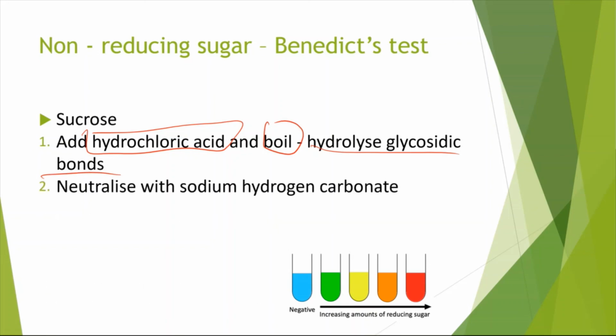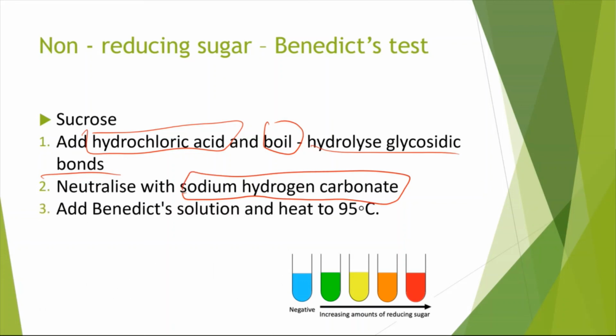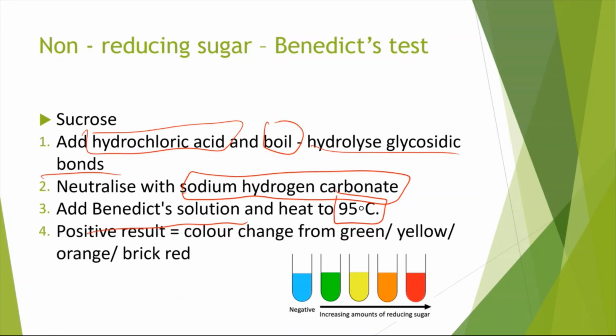Then you neutralize the hydrochloric acid with sodium hydrogen carbonate, and then you do what you would do in a reducing sugar test. You add Benedict's solution and heat to 95 degrees. Again, not boiling it, just heating it. A positive result again goes from green, yellow, orange, to brick red. The more non-reducing sugar present this time, the further the color change would go.